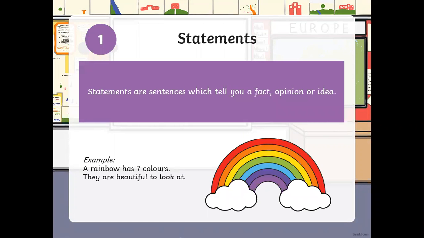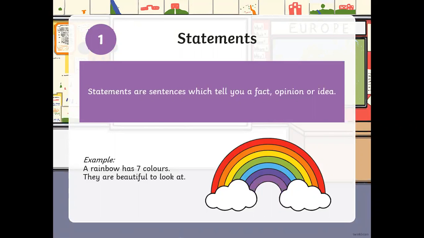So let's have a look at statements first of all. Statements are sentences which tell you a fact, an opinion, or an idea. So for example, down at the bottom here you've got a picture of a rainbow. And it says a rainbow has 7 colours. Is that a fact, an opinion, or an idea? Well done, you're absolutely right.